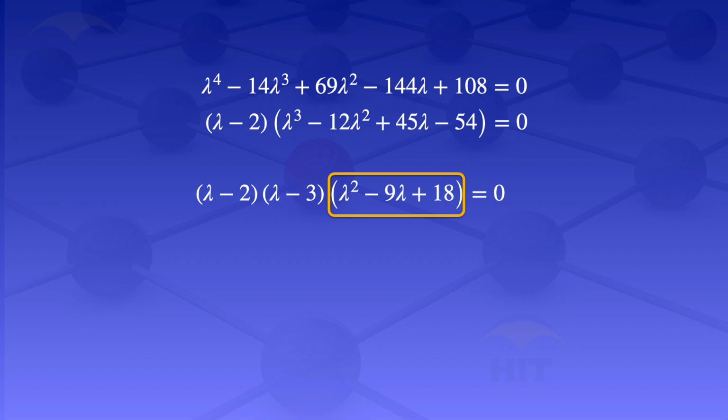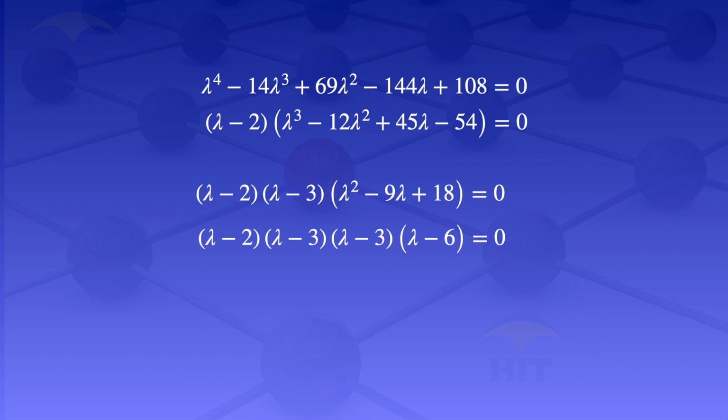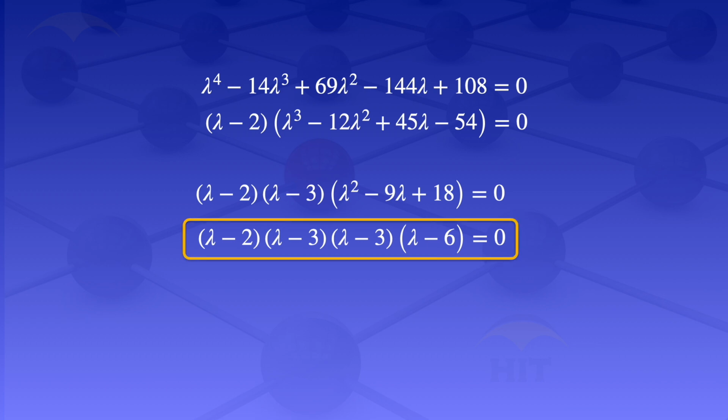So what we'll be having there is it will be factorized to lambda minus 3 multiplied by lambda minus 6. So our equation becomes lambda minus 2 multiplied by lambda minus 3 multiplied by lambda minus 3 multiplied by lambda minus 6.